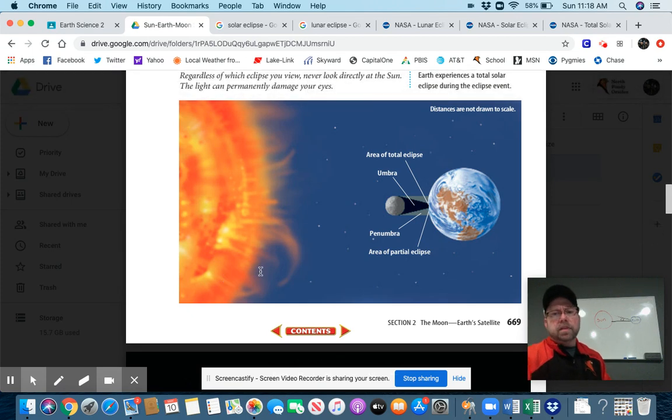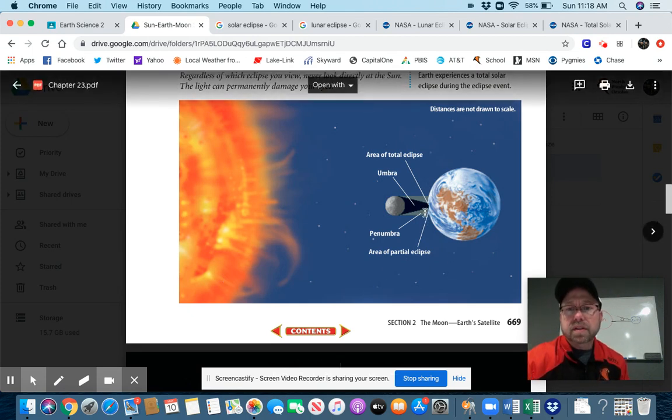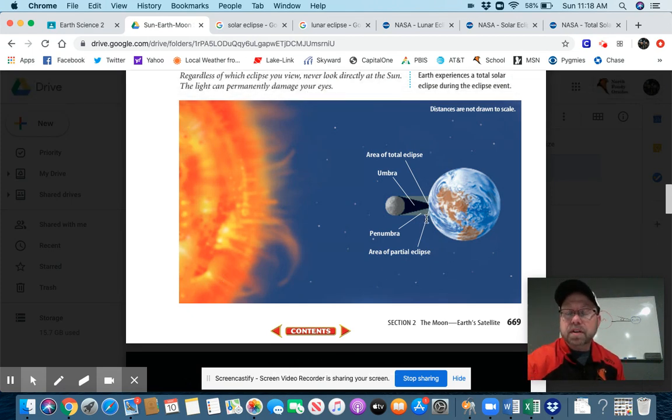There are some areas around the shadow called the penumbra, which are actually also shadowy parts, but not nearly as dark shadows. And in the penumbra, you could see a partial eclipse because you're kind of off to the side just a little bit. So when you look up, you can see the moon covering most of the sun or part of the sun, but not all of the sun.